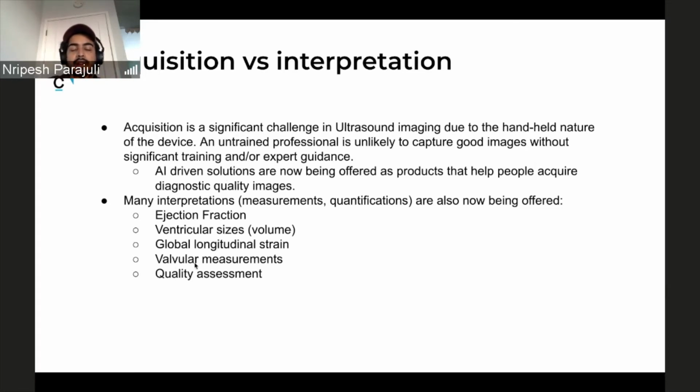And here I've written quality assessment as part of interpretation as well. This is also a crucial factor. It's something I noticed I didn't focus on much back then, or wasn't seeing academia focus on.